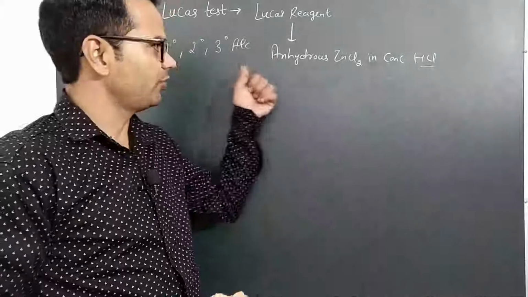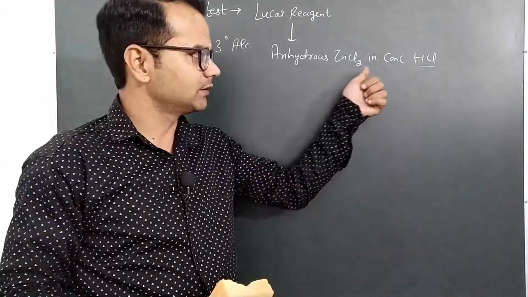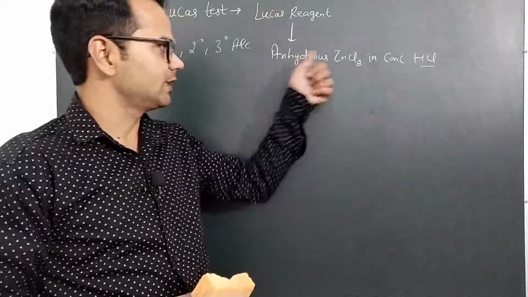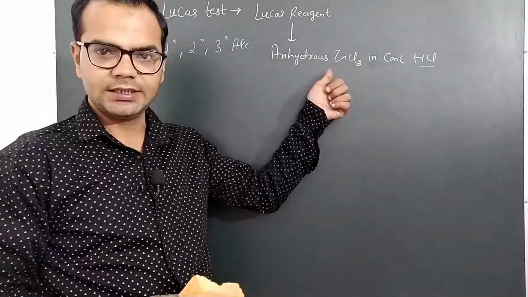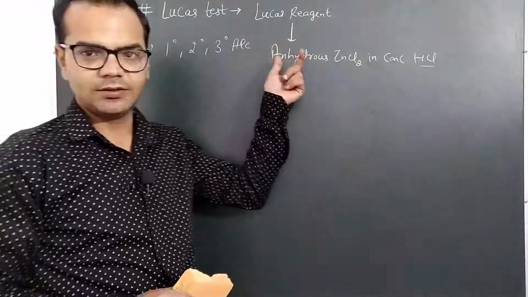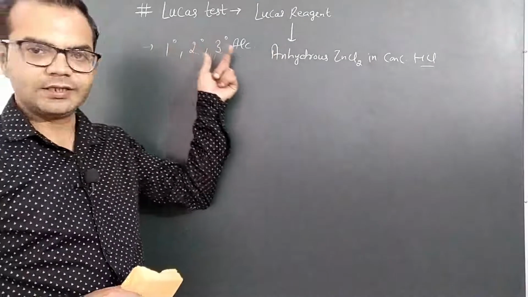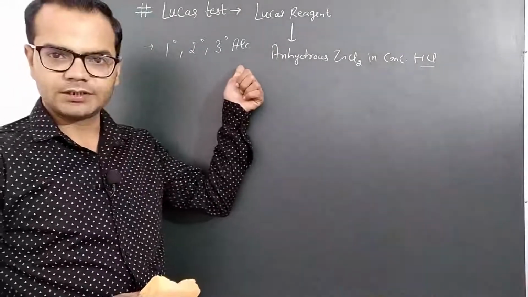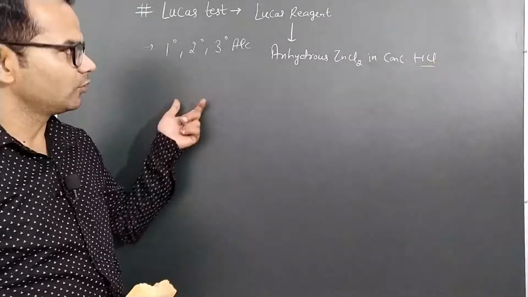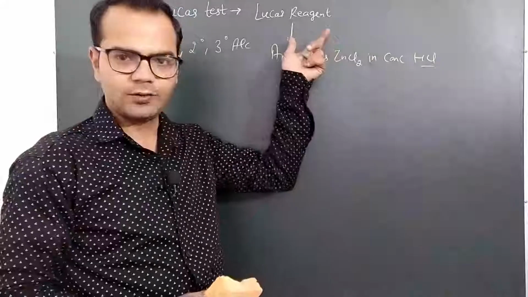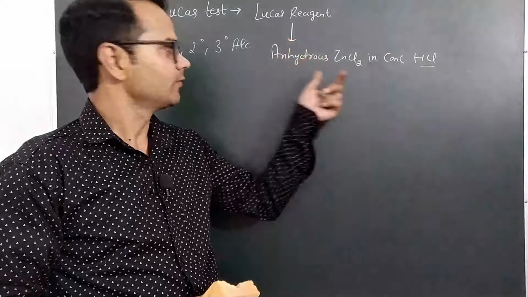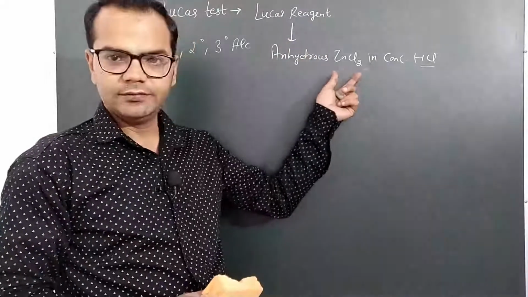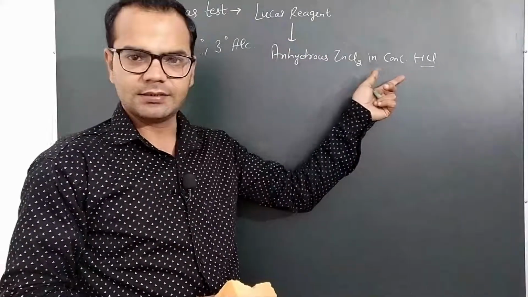The role of ZnCl2 is that it acts as a catalyst. With the help of Lucas test, we can identify whether the given alcohol is primary, secondary, or tertiary. It is the reaction of alcohols with the Lucas reagent, and Lucas reagent is anhydrous zinc chloride in concentrated HCl.